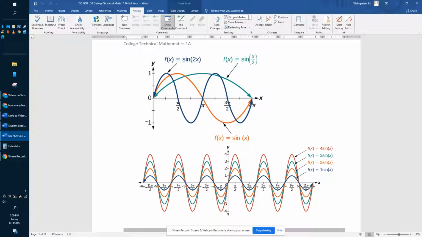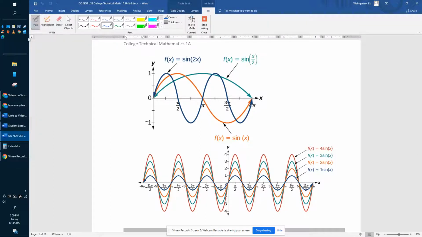What if we are looking at this function right here, sine of 2x, got pi on the brain.